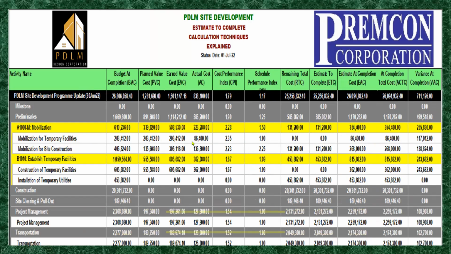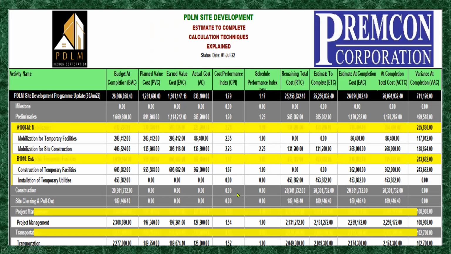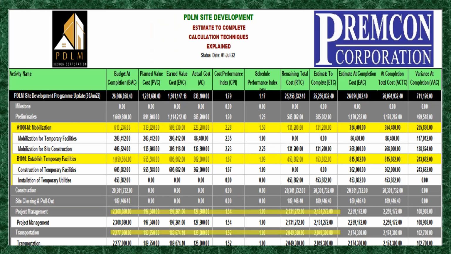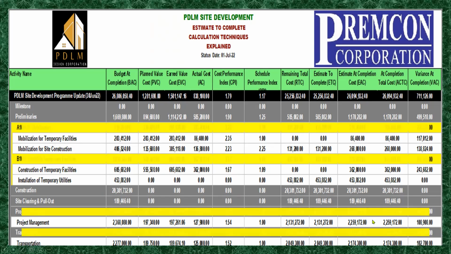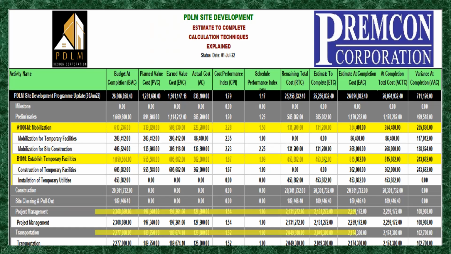But try to remember that we chose technique one, which is the ETC equals the RTC for the current program. But we will try to calculate each to see the difference, so that we have the comparison. So the highlighted here are mobilization, temporary facilities, project management, and transportation. These are the activities or packages of work that are in progress.